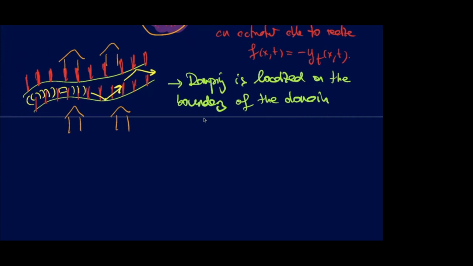This means that in particular, it will be very natural to consider situations where this elastic body or this cavity in which acoustic waves are propagating, so that both examples will be relevant.